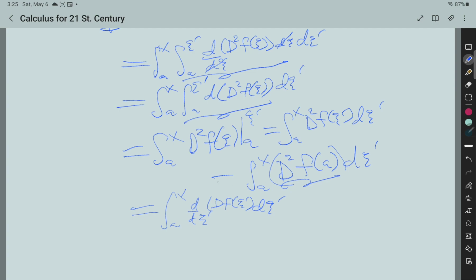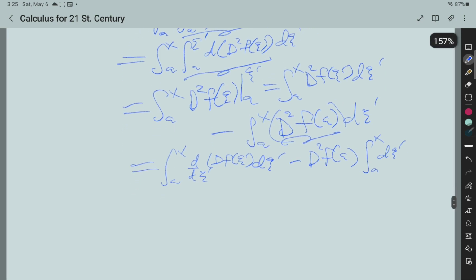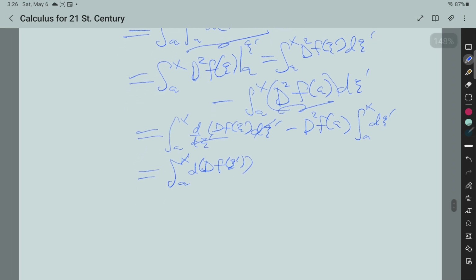And then the second term, I could bring out the constant term, so I have minus d squared of f of a with the integration a to x dc prime. Okay, now this cancels this, so I'm left with a to the x d of d f of c prime. Okay, well, that's easy to do.